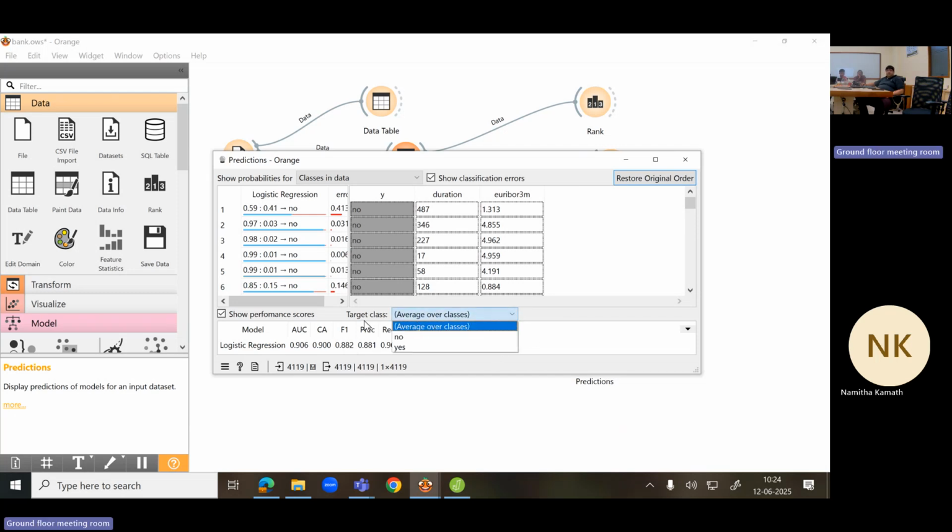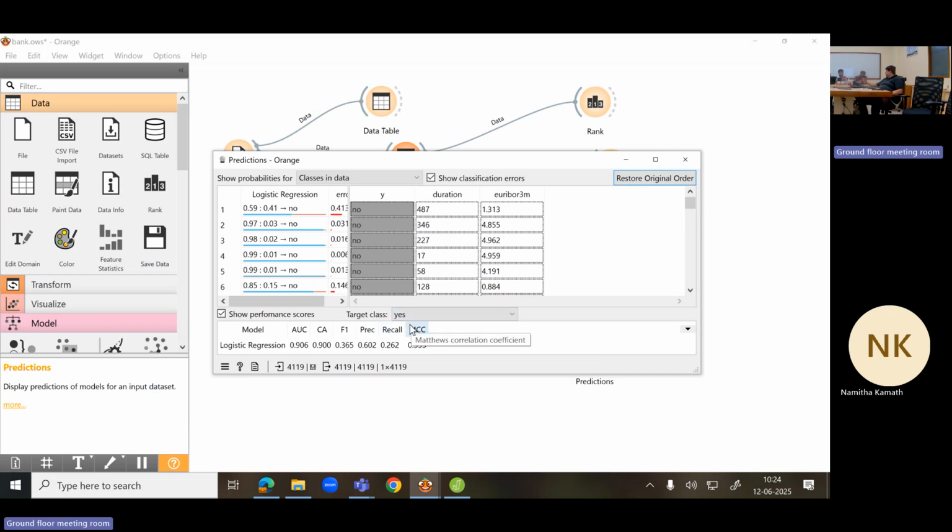What you can do first is this target class. So what am I interested in? This is one thing which you need to understand here: we have a classification scheme. We are interested in predicting who will take the term deposit or who will not. Who will take the term deposit is the interesting part for us, right? So we are taking target class as yes.